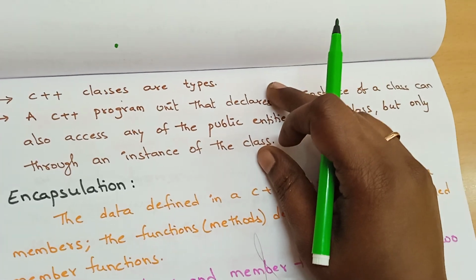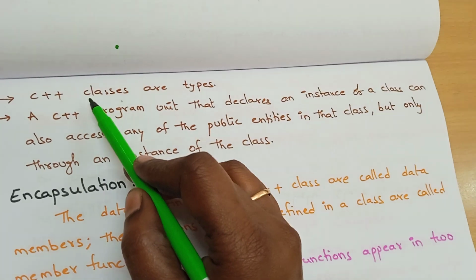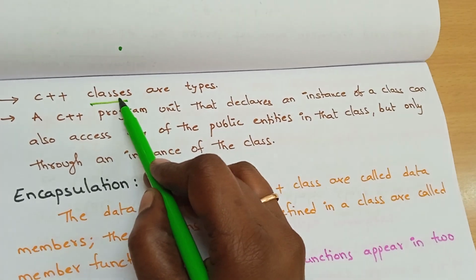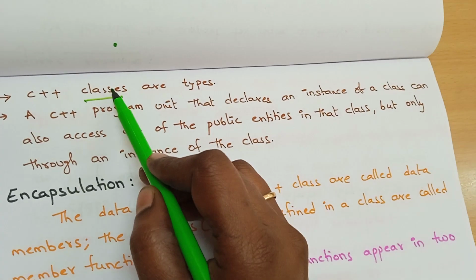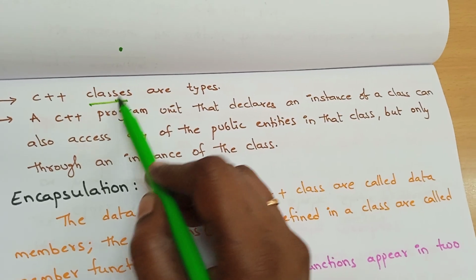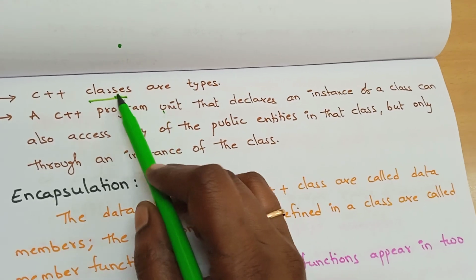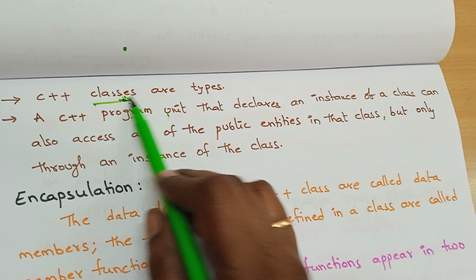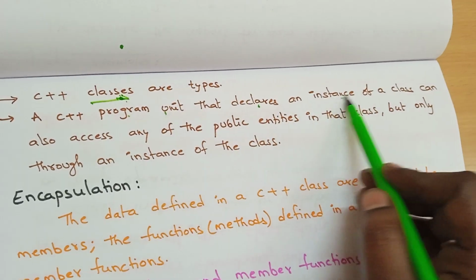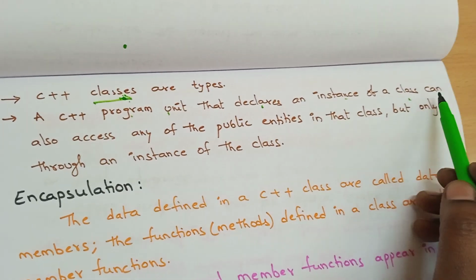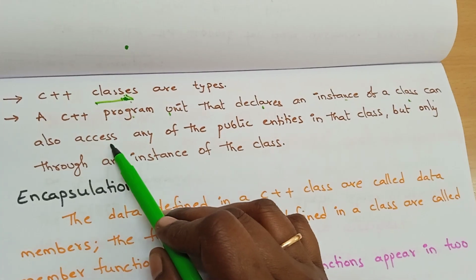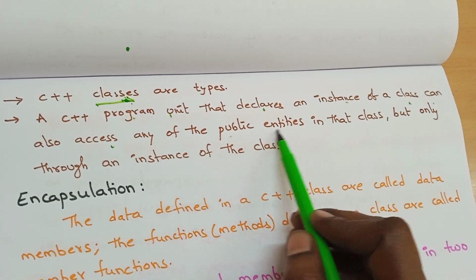You have to understand here that C++ allows us to define a class. Now, what do we define in a class? What is the program unit to write a class? Using a class, we will declare an instance of a class, and the public entities are accessible.